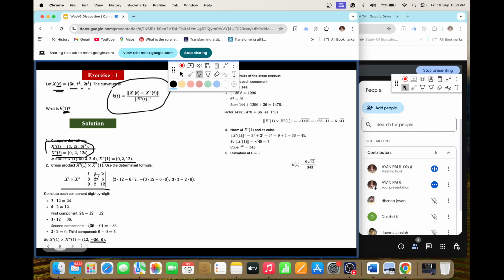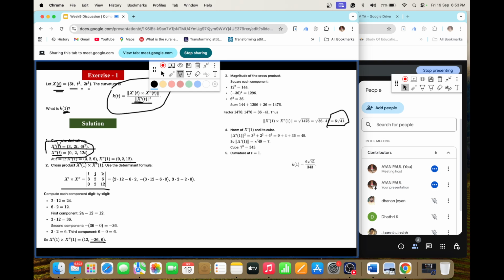You can just verify, like 24 minus 12, that is 12, and then you can verify for j and k. So the numerator is coming 12, minus 36 and 6, and again mod is there, so we have to calculate the magnitude of it. The magnitude is coming 6 root over 41. And then what you have to do is just take the x dash t mod.